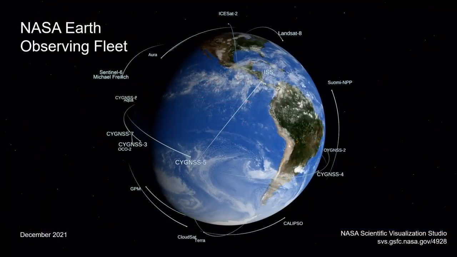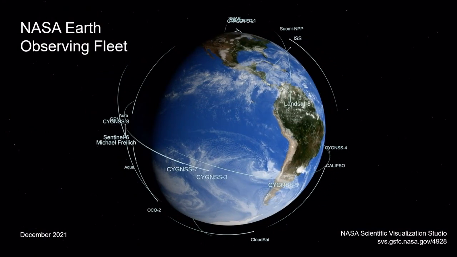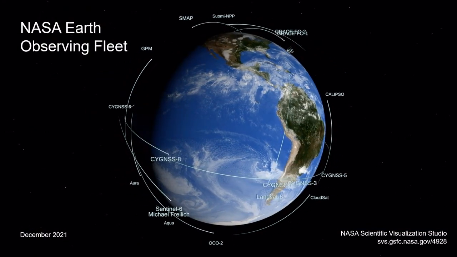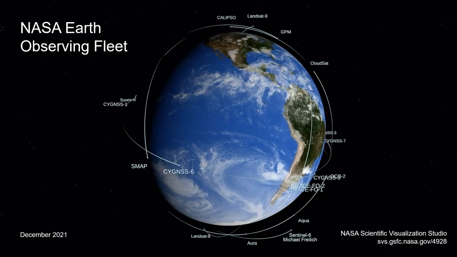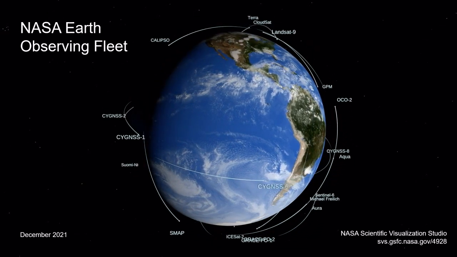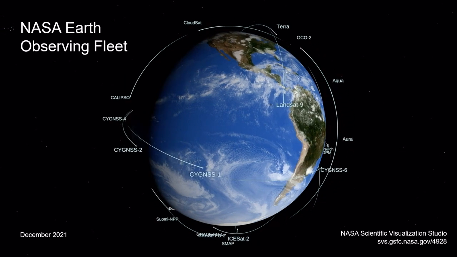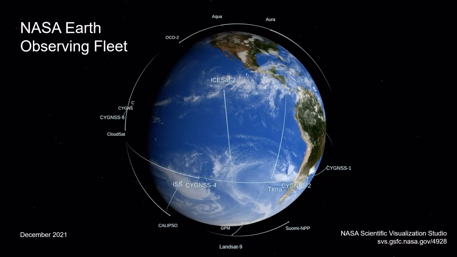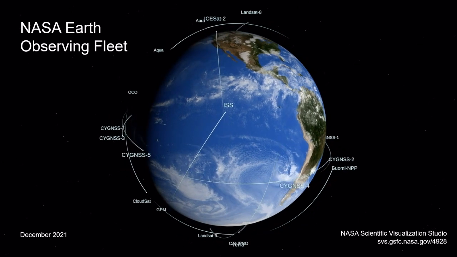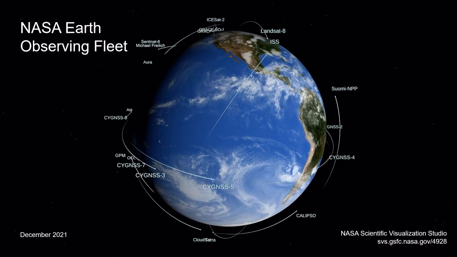This is just a depiction of the 25 missions we have, satellites with instruments on board, looking down at the Earth, observing all aspects of the Earth system, from ocean circulation to biomass, to precipitation, water vapor, soil moisture, all of those physical attributes of the Earth system.